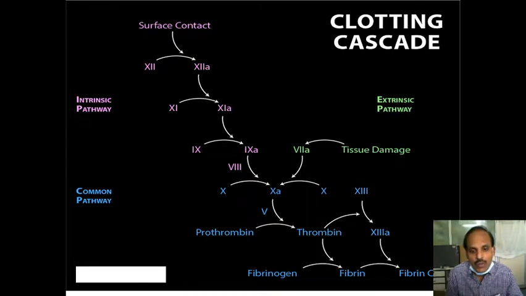Finally you see the common pathway from factor 10 onwards, and when factor 10 is activated it converts prothrombin to thrombin, and then thrombin converts fibrinogen to fibrin, and also activates the fibrin stabilizing factor, which converts fibrin to fibrin polymer, and therefore a clot formation template is initiated. So this is a simplified system for how clotting happens in our body.